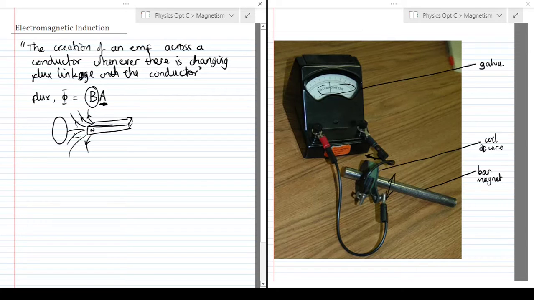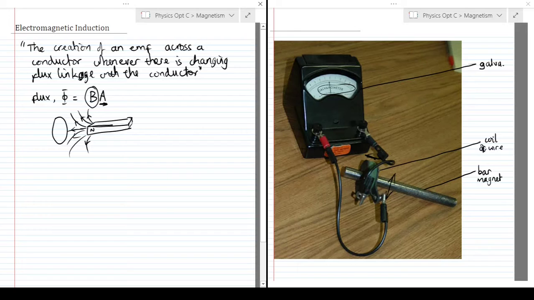Now, when you move the bar magnet with respect to the coil, or you move the coil with respect to the bar magnet, because this is a non-uniform field, you will always be changing the flux density in the presence of the coil, moving it from high flux density to low flux density. Remember we said that flux density is visualized by the closeness of the magnetic field lines.